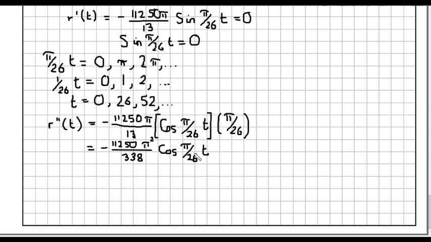Let's try 26. r dash of 26 is minus 11250 pi squared over 338 cos of pi over 26 by 26, which is cos of pi, and cos of pi is minus 1.